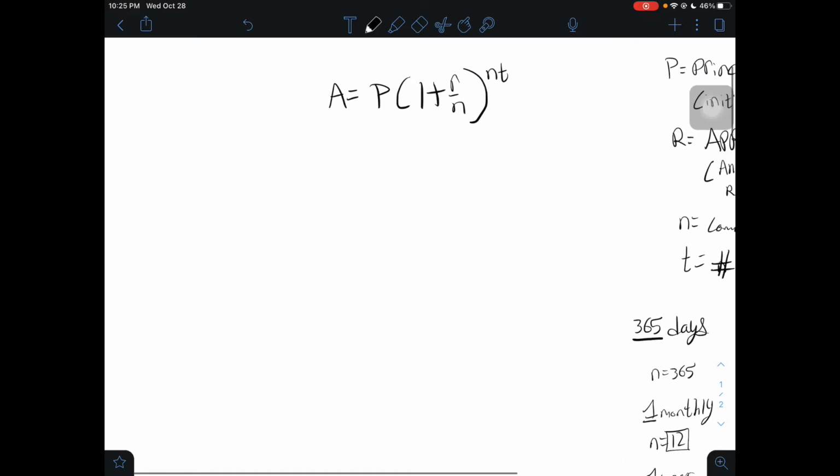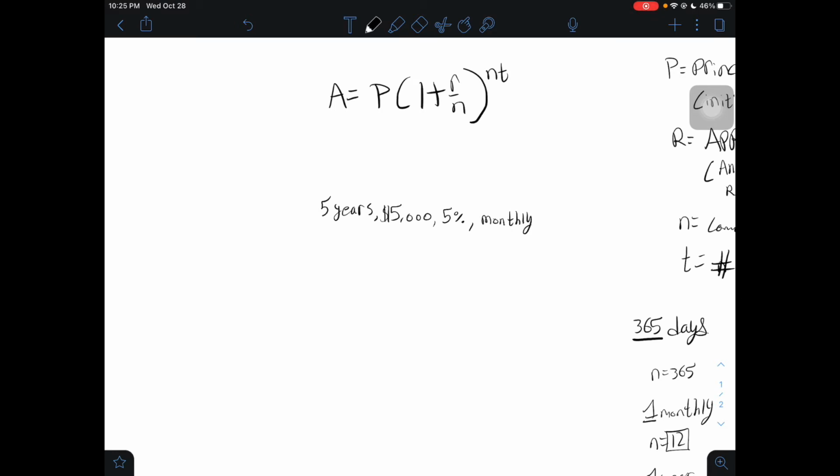All right, now we're going to do an example problem. We're looking for how much you will have in 5 years if your initial investment was $5,000, your interest rate is 5%, and it is compounded monthly.